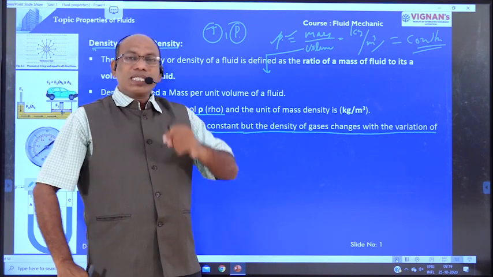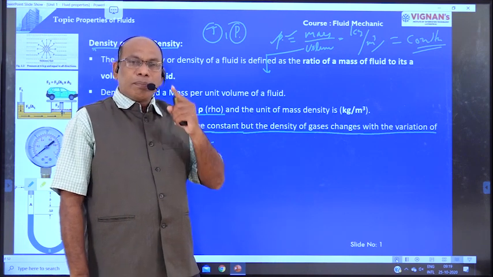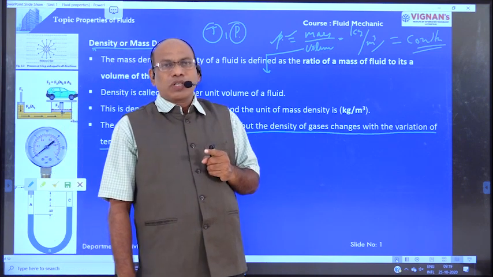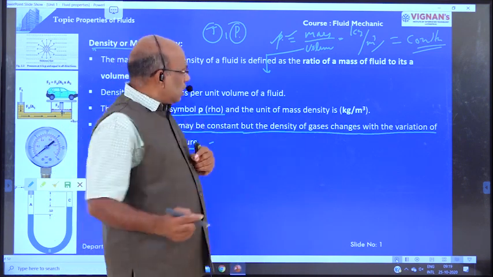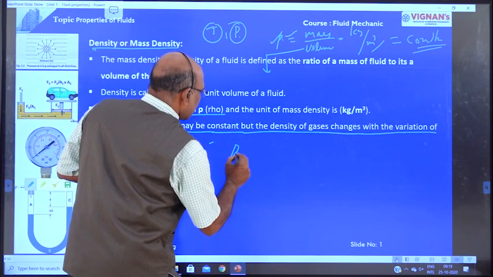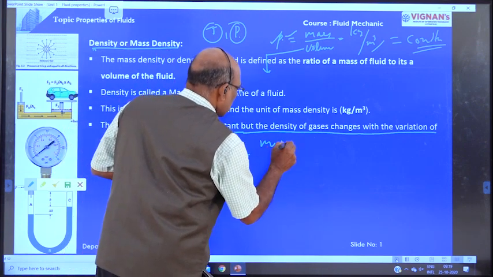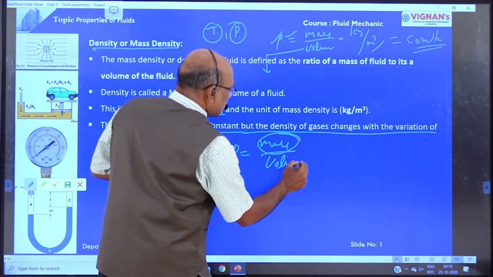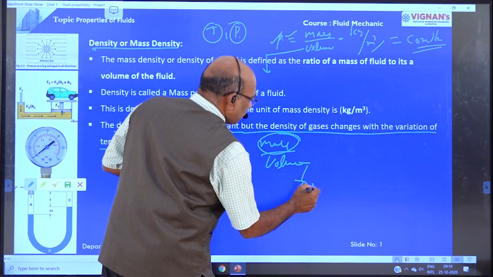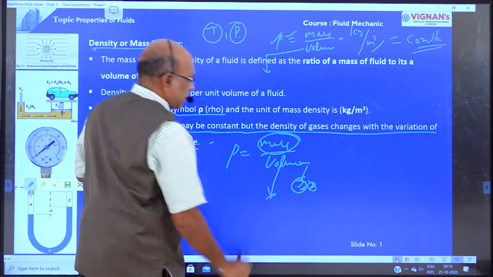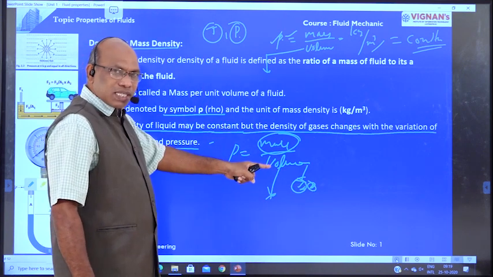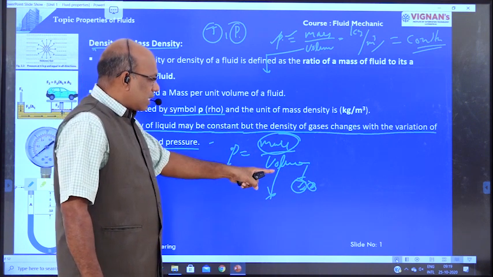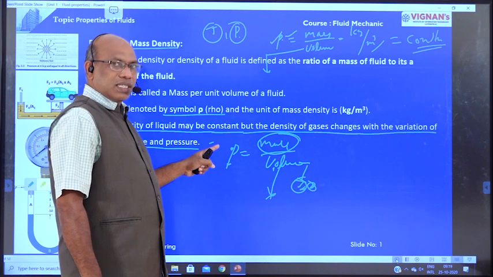Whereas in the case of gases, the mass density changes with respect to temperature and pressure. Same formula, density equals mass by volume. Mass is constant, but the volume changes. If the volume decreases, density increases. If the volume increases, density decreases.